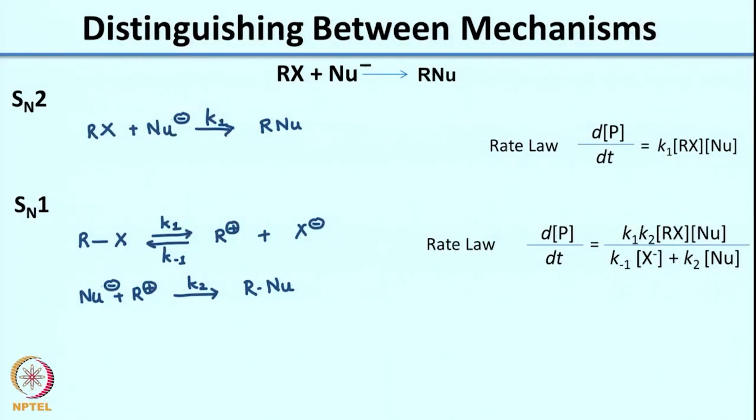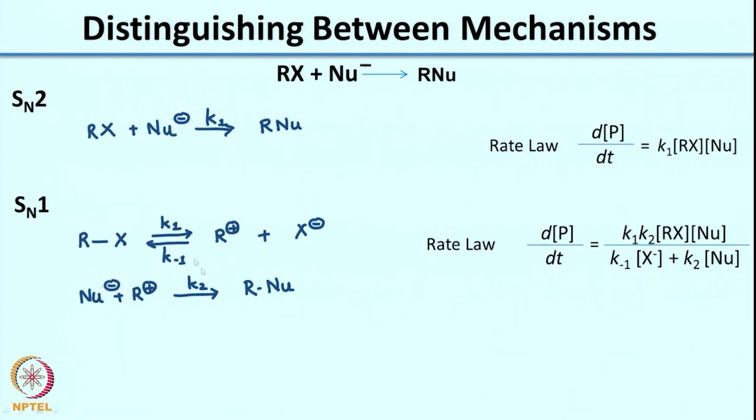So what you would have is dP over dt would be K1 into K2 times RX times Nu, the concentration of nucleophile. This is similar to the case of A into B, and in the denominator you have the processes that lead to consumption of the intermediate.